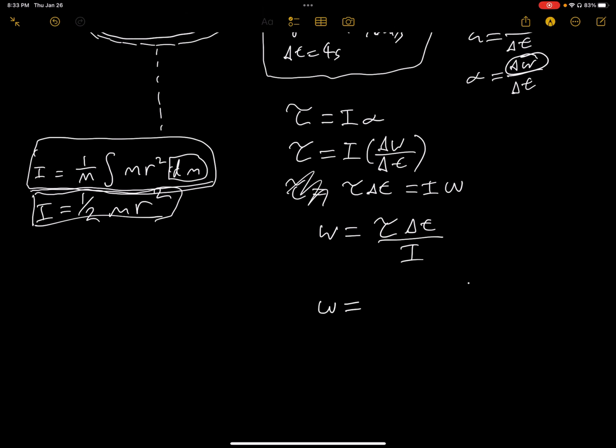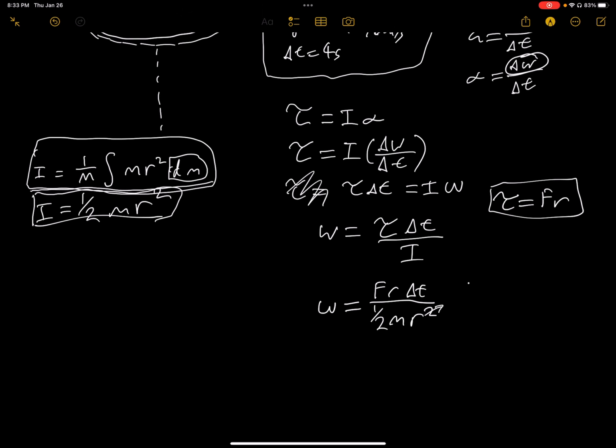So now, if we plug in, we also know that torque is equal to force times radius, because it's essentially the angular analogous quantity to force. So Fr delta t over 1/2 mr squared.